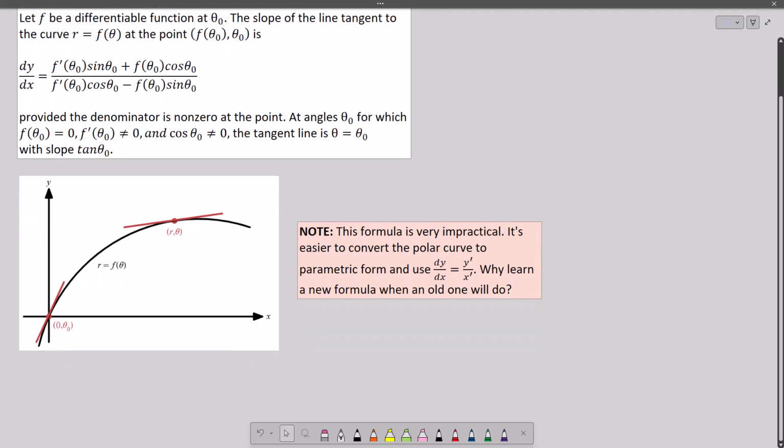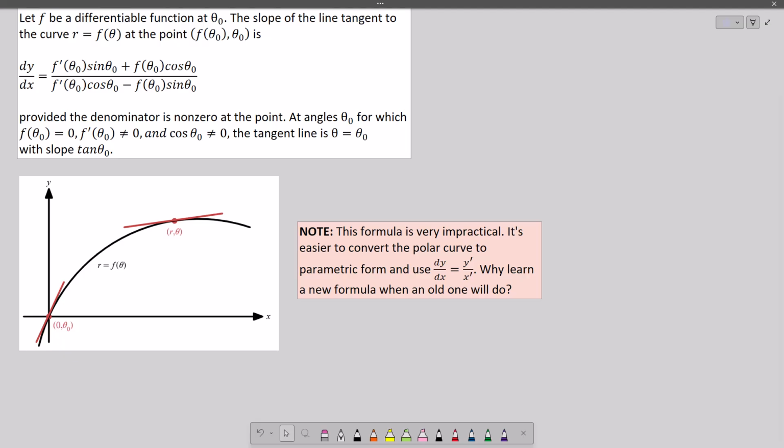So, one observation I want to make here is that if we have a curve that passes through the origin, so we pass through the origin there, the function value is 0 when the curve is passing through the origin, right?